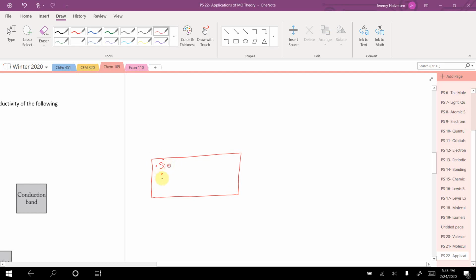It's got 4 valence electrons, and it can form a nice tetrahedral lattice structure, the same way that carbon does. Hopefully that makes sense.